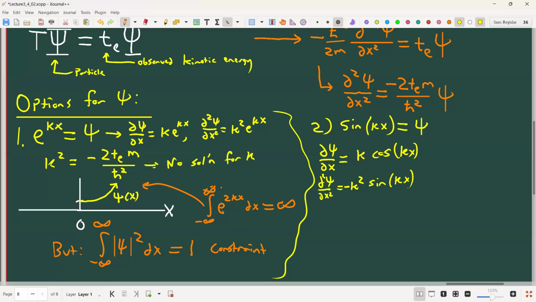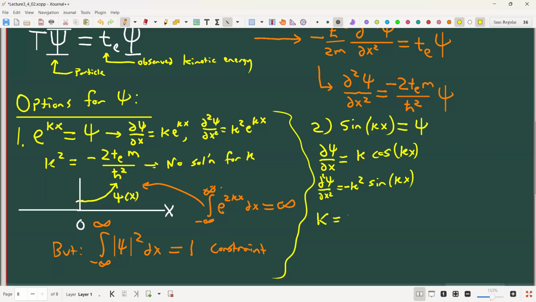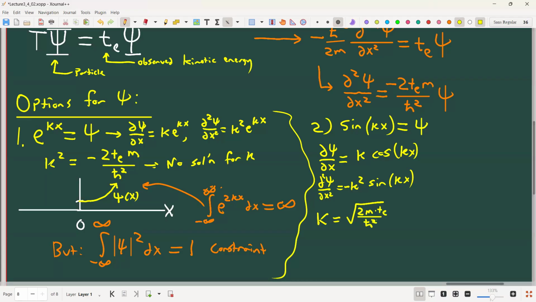Now we have a nice negative sign there, so we can solve for k. k is equal to the square root of 2 times the mass times the energy over h bar squared. I haven't defined h bar yet, but we'll get to it in just a minute. Just remember, it's just a number. Okay, so that seems to work pretty well.